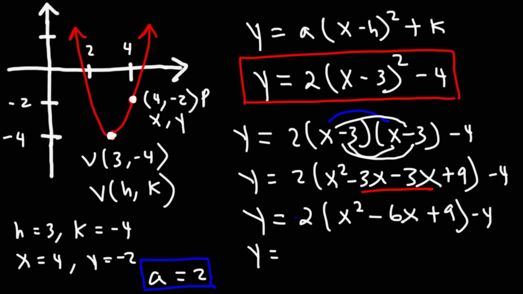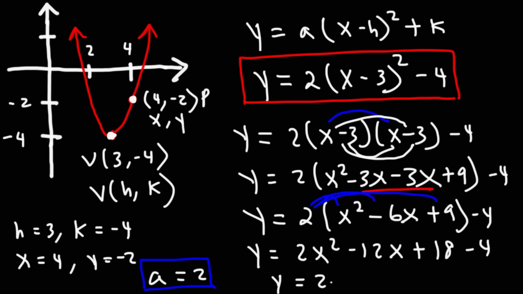Now let's distribute the 2. So that's going to be 2x squared. And then we have 2 times -6x, which is -12x. And then 2 times 9 is 18. Now the last thing we need to do is combine 18 and -4, which is going to be 14. So this is the equation of the quadratic function in standard form.